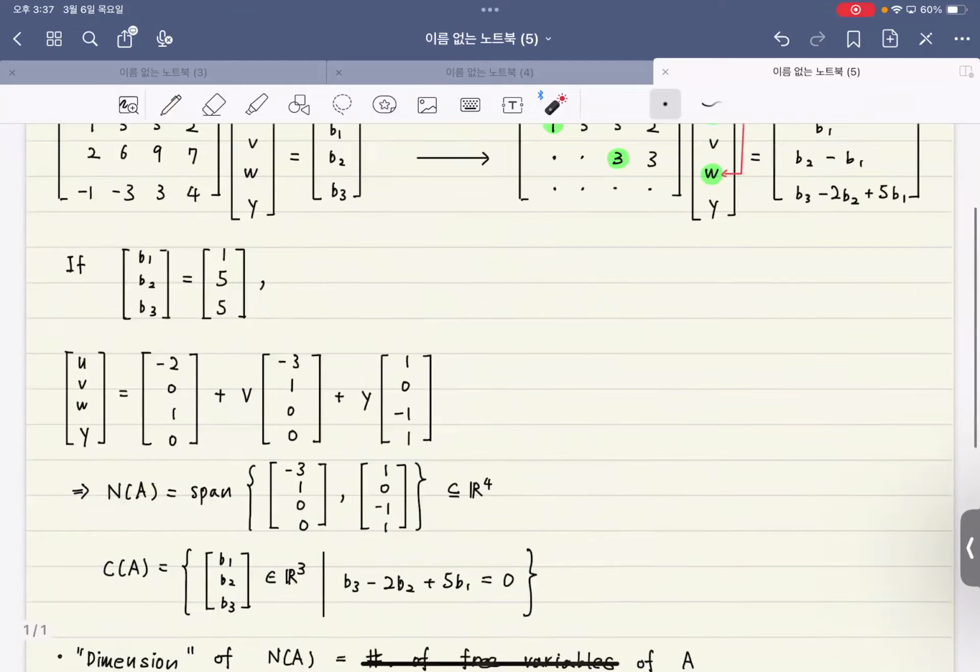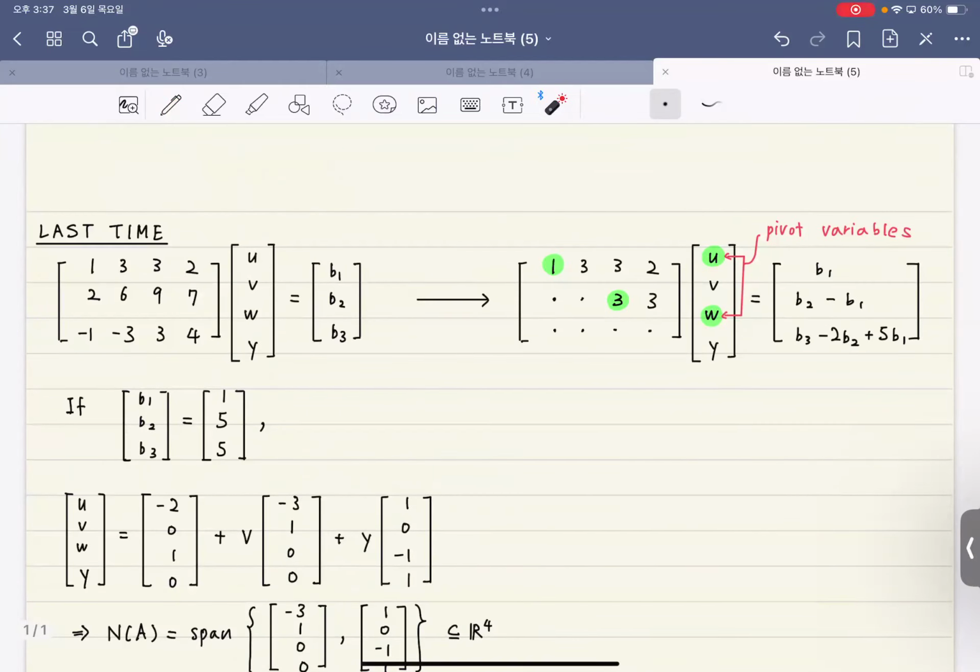Okay, again I go on top, and here y equals 0 was the restriction, and the number of restrictions is the same as the number of zero rows in this echelon matrix. Now, how many zero rows do I have? Obviously, that is the number of rows of A minus the number of pivots.